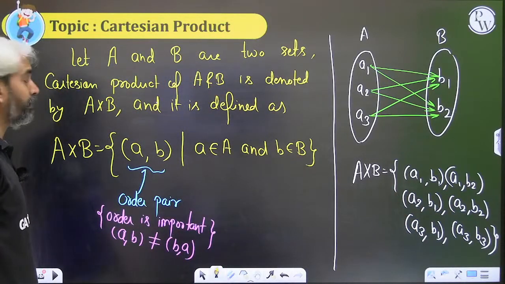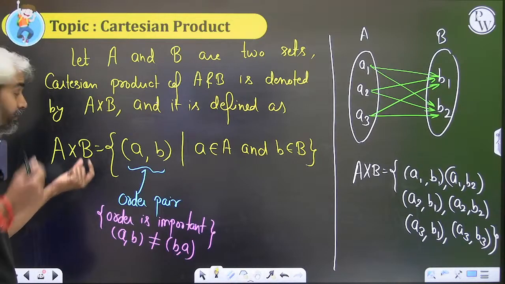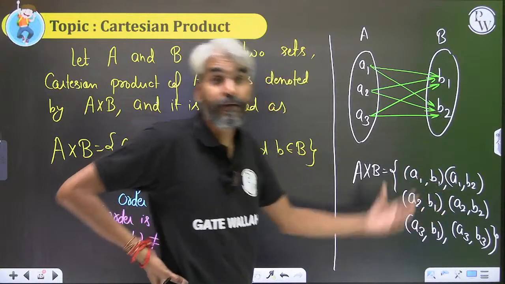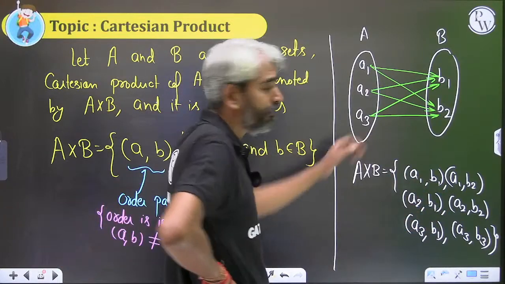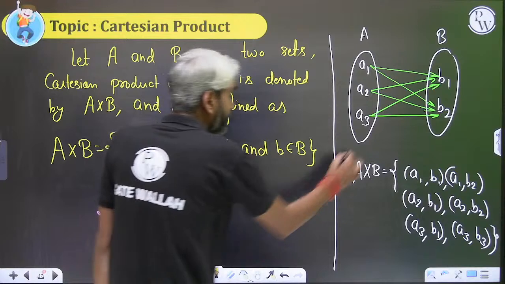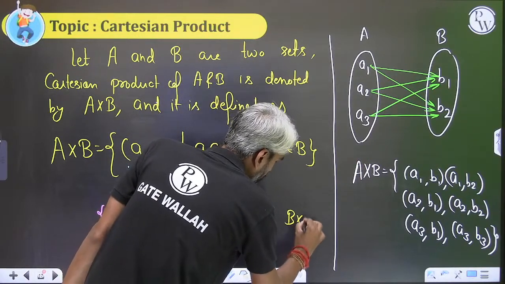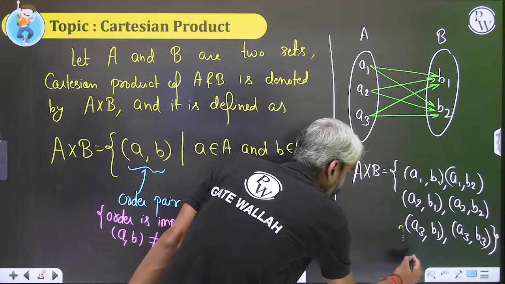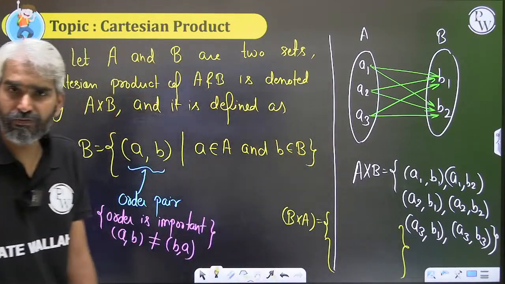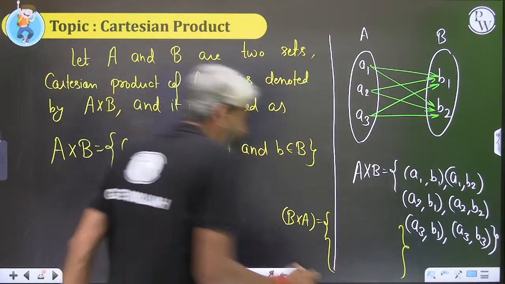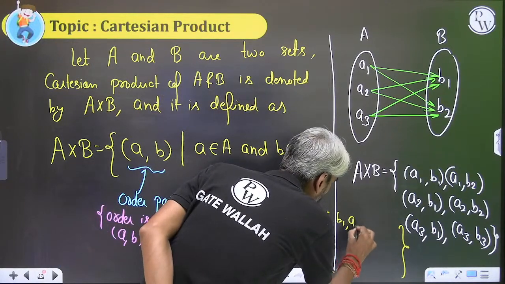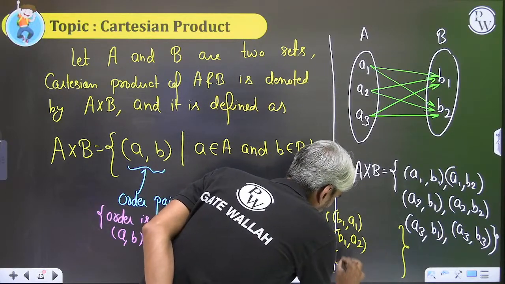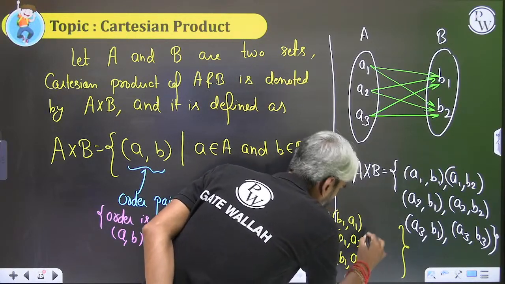Now please try to understand, if I perform A cross B, then the first element will be from set A and the second element will be from set B. But if we perform B cross A, then in B cross A, the first element will be from set B and the second element will be from set A. So you will have (B1, A1), (B1, A2), (B1, A3).